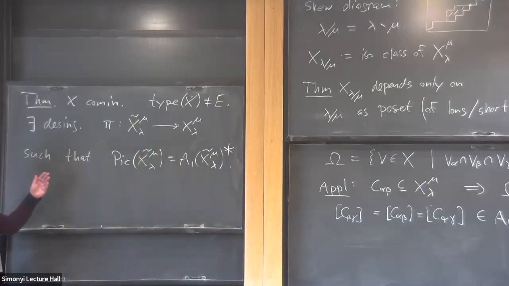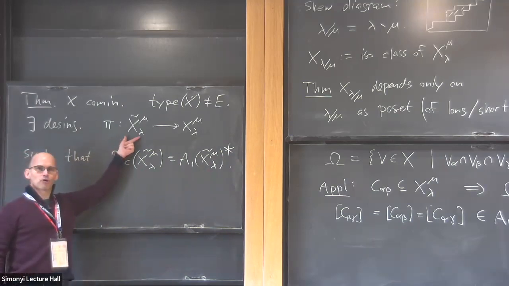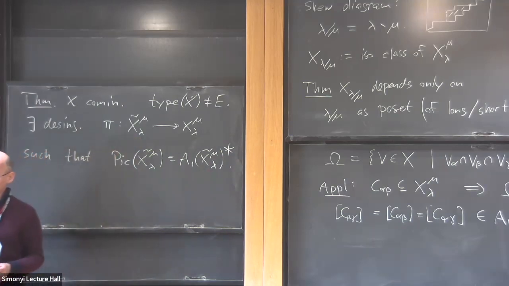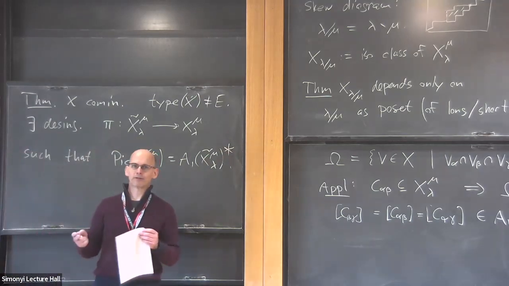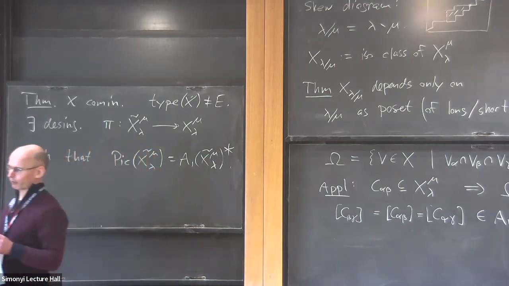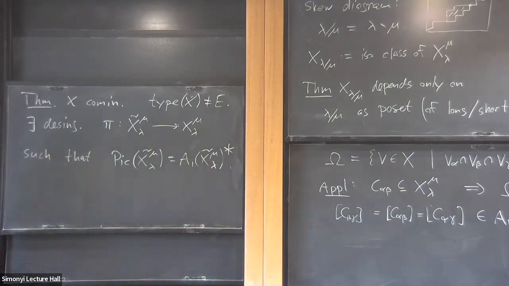The way I cook up such a resolution is I make a resolution that's a tower of Grassmann bundles, and in the other types you also include Lagrangian Grassmannian bundles and orthogonal Grassmannian bundles.